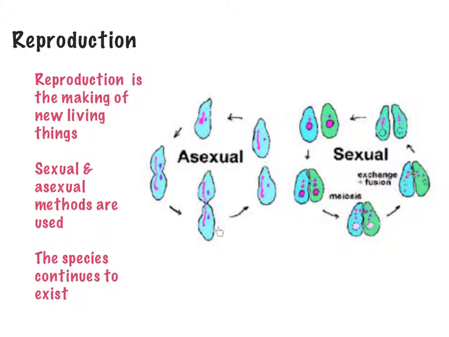And so it can reproduce by making copies of itself, or it can make slight variations. Now there's a few things going on in here that we don't need to know yet, but just put it this way, we're making new organisms and we do it by several methods, and that ensures that our species or our type of organism keeps going.